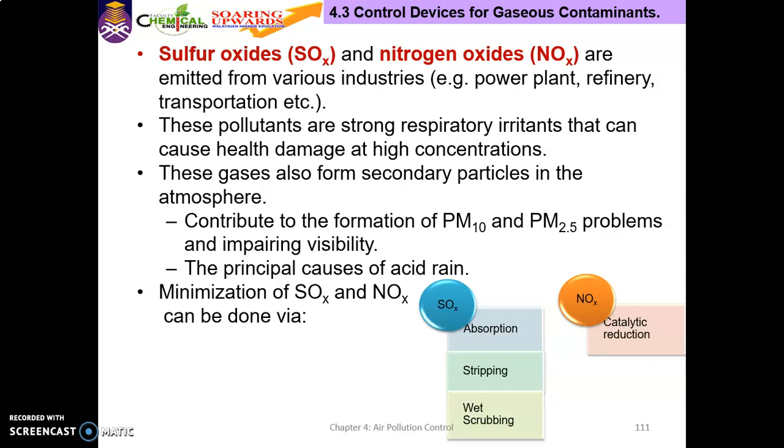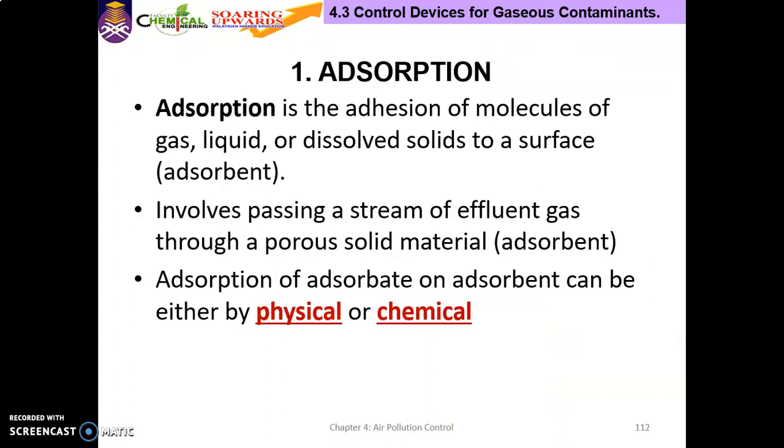So these gases can contribute to the formation of PM10, particulate matter 10, and also particulate matter 2.5. So SOx and NOx can be reduced by absorption, stripping, and also wet scrubbing. And for NOx, it can be done by catalytic reduction.